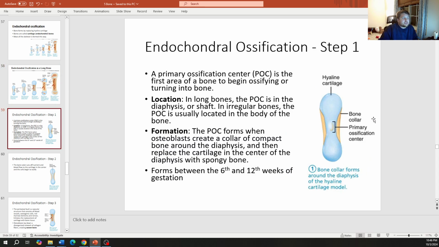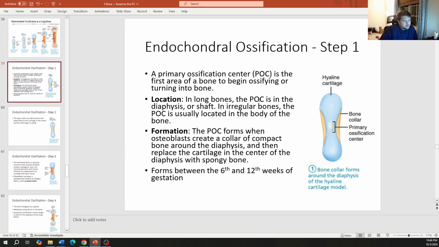So the first step is the development of what is called a primary ossification center. Oftentimes when we talk about primary, secondary, what you're really saying is primary is the first ossification center. It's the first place where bone starts to form, okay?